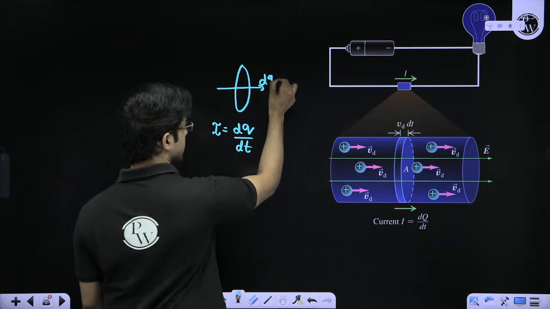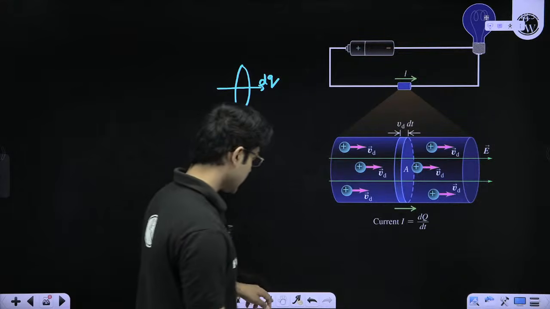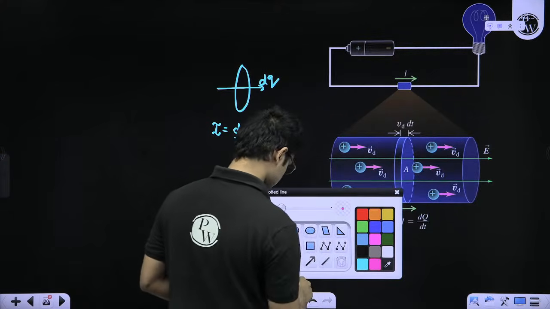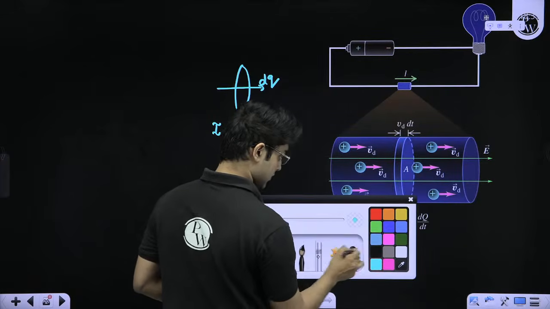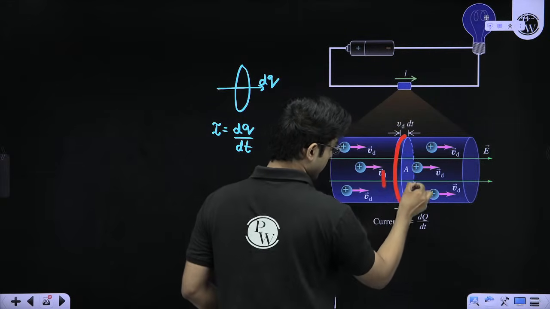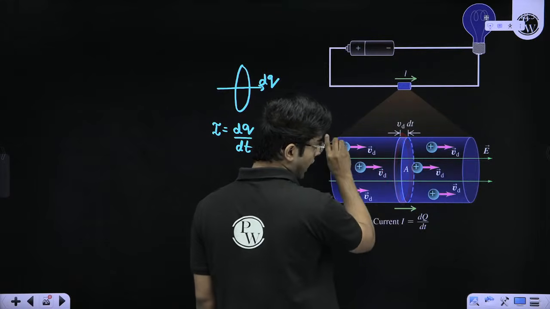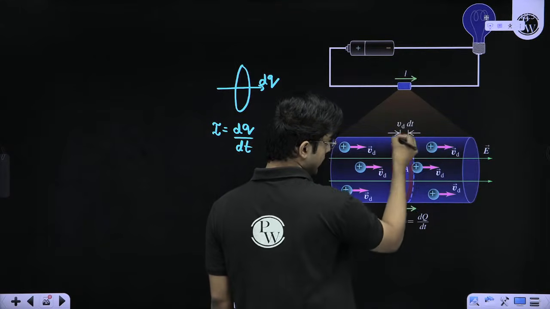Then dq by dt will give you the current. So here, let's say I am choosing this cylinder. As you can see, there is a cylindrical cross section here. So I just have to see how much charge crosses this cylinder in the next dt seconds.